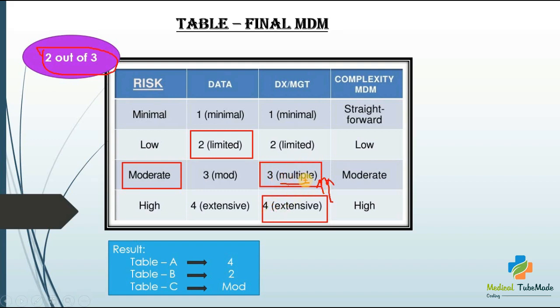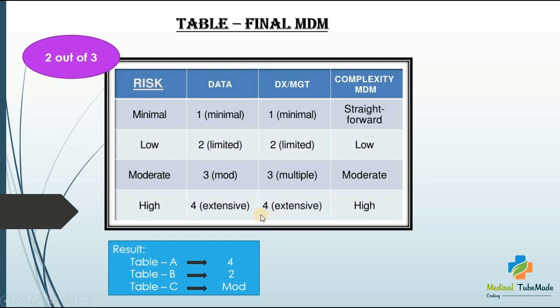So 2 out of 3 means 1 is risk and another one is table A. So our final MDM should be moderate, because these 2 tables are supporting moderate. So like that guys, we have to identify the final MDM.